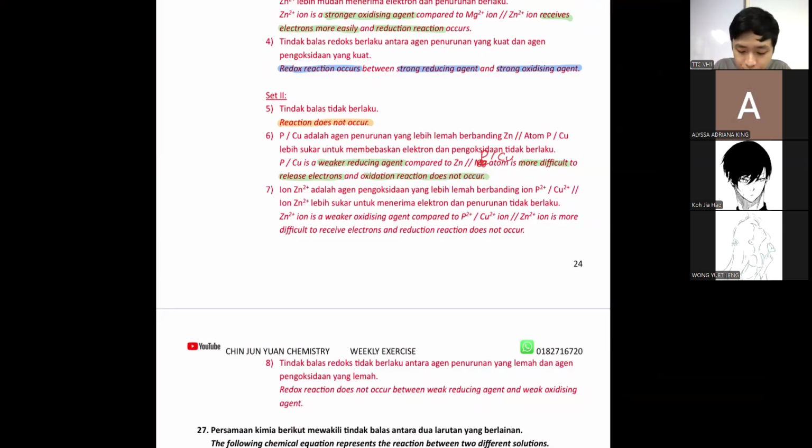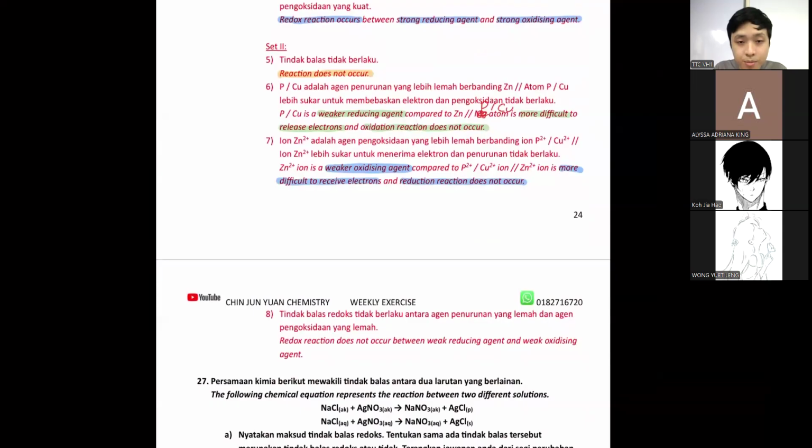And then Zn2+ is a weak oxidizing agent, or you can say Zn2+ is more difficult to receive electron. Reduction does not occur. And then redox reaction does not occur between weak reducing agent and weak oxidizing agent.